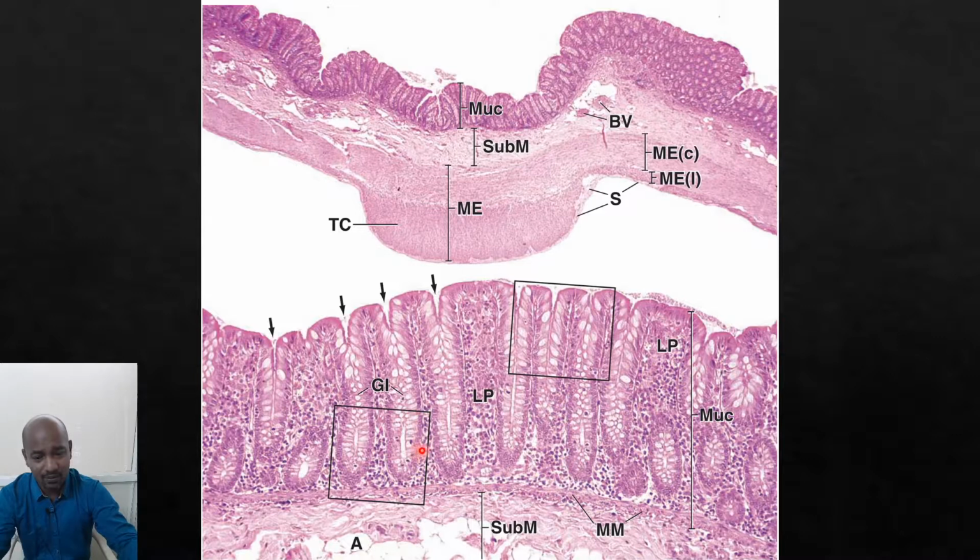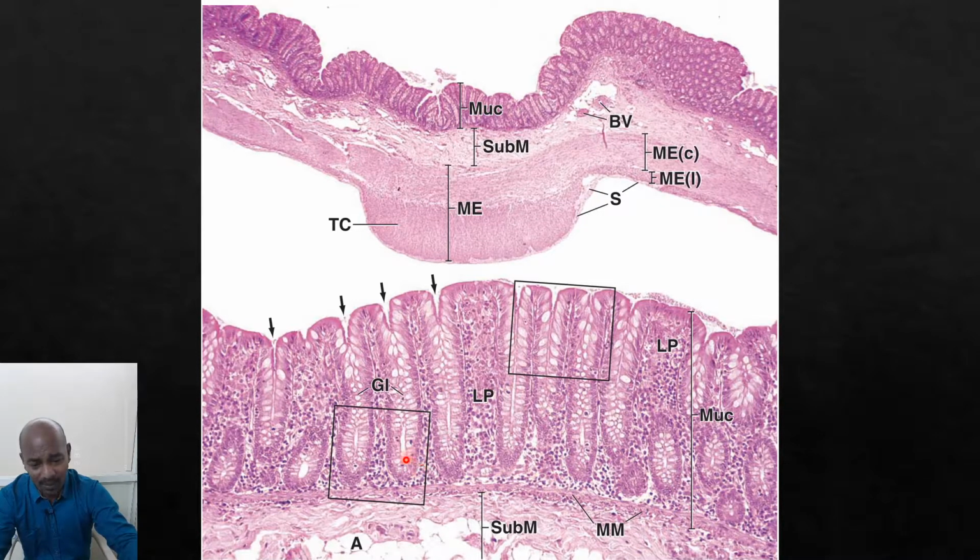Okay, so it takes about 5 days for a newly divided cell from a stem cell to reach the top and get removed, or die out and go into the intestinal lumen.